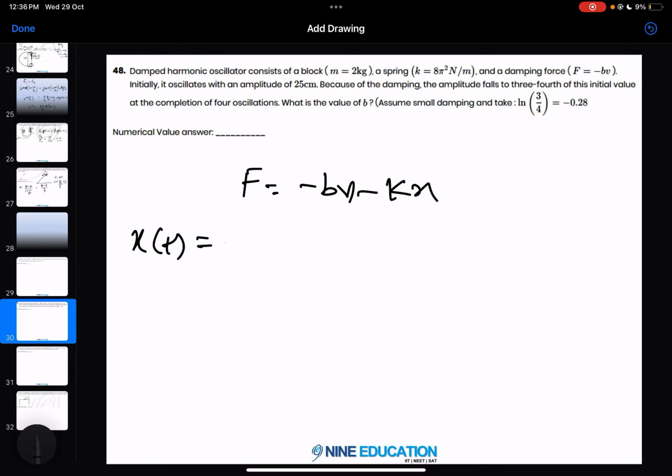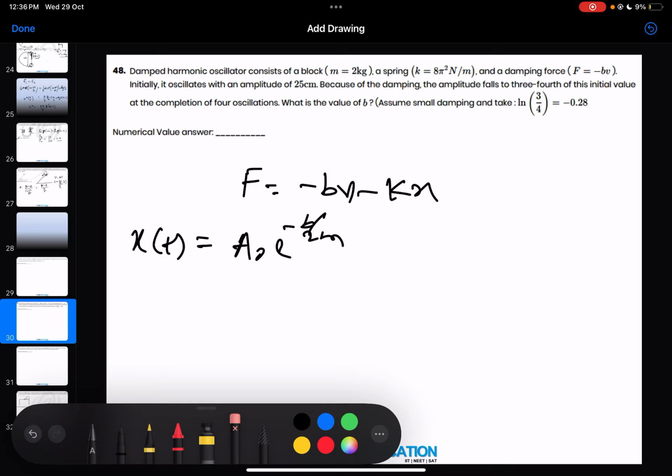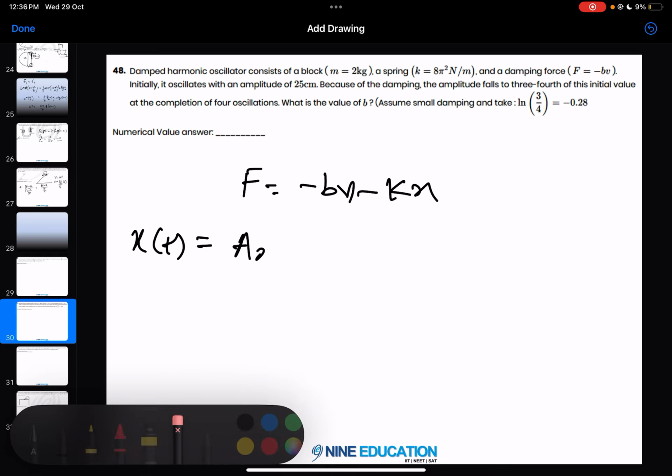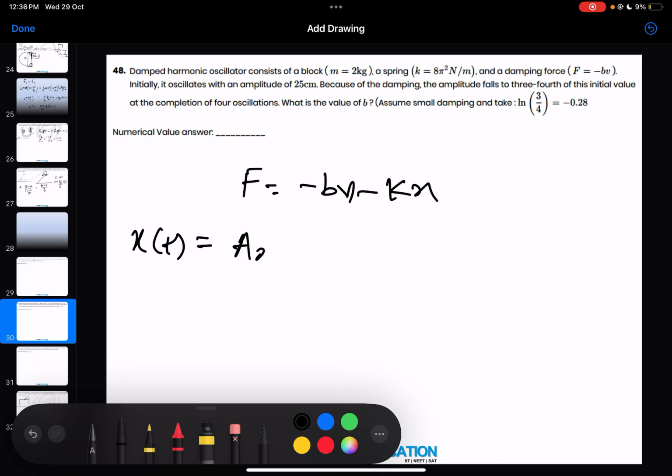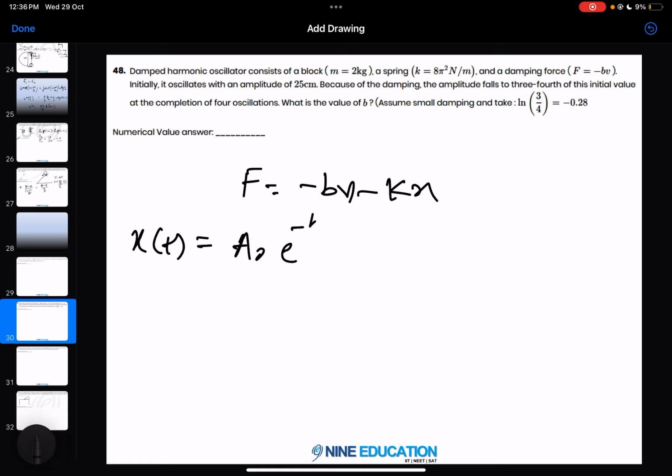x as a function of time is A naught e power minus b by 2m into t into cos omega t plus phi. Now if it is initially at the extreme position and this is a cos function, the phi value will be 0.